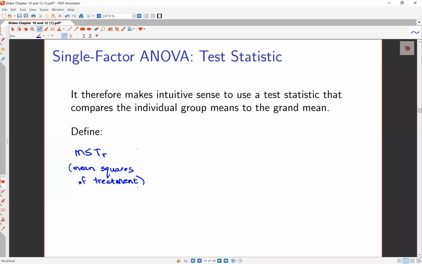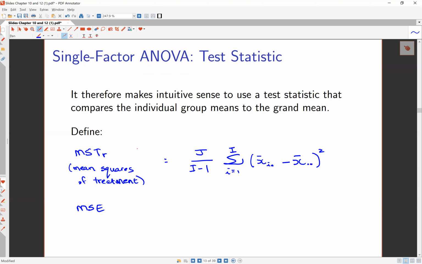And this is exactly the idea that I was just describing, because the central quantity here sums over all the groups, and it takes each group-specific average and compares whether it's close to or far away from the overall average. So group average minus overall average, square that difference, and then it just has a factor J over I minus 1.